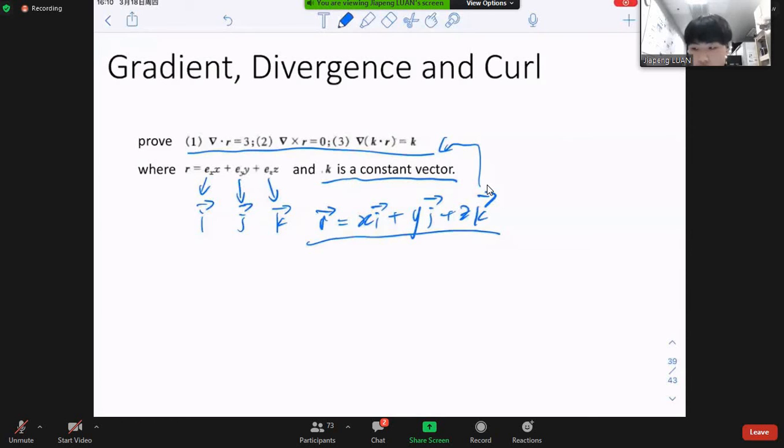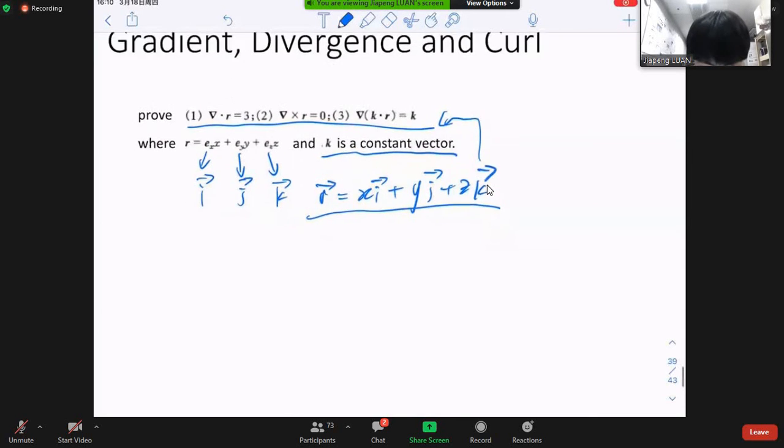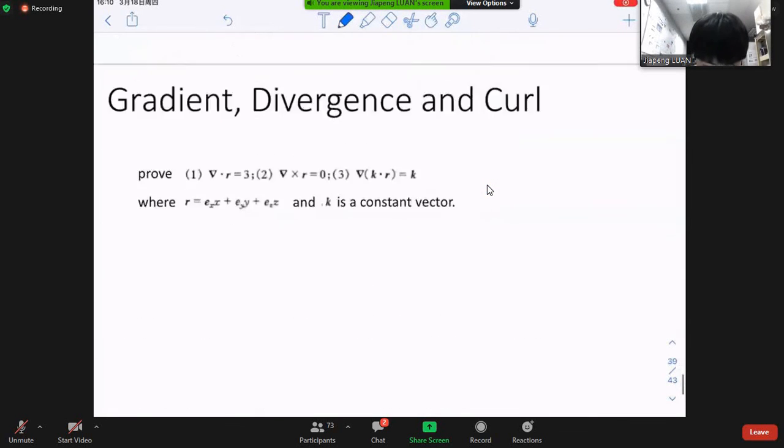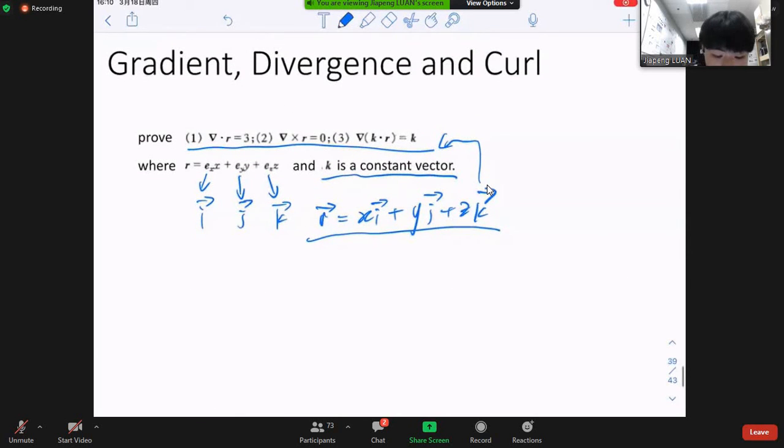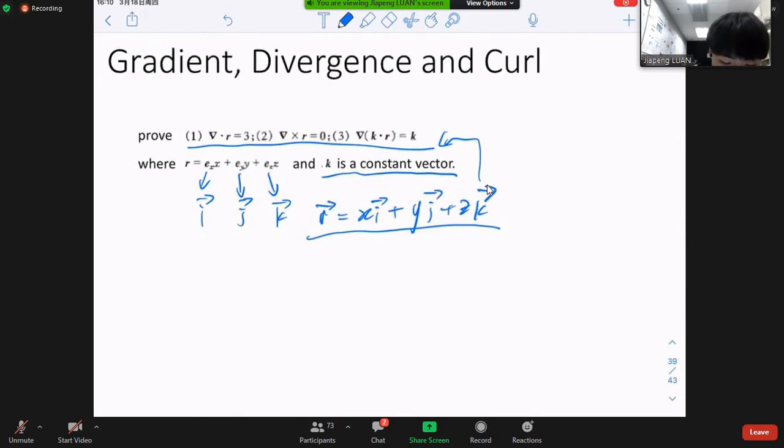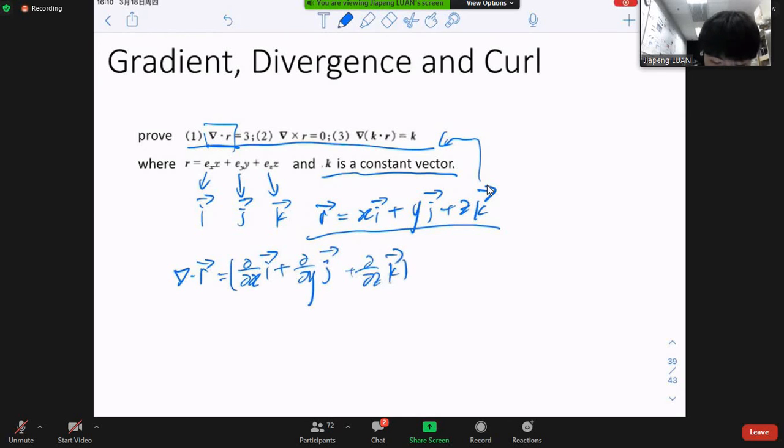Yeah, I think there's no time for you to think about it, and there's no solution, so I'll just write it down. First, you need to calculate the divergence of r. So the divergence is delta x, delta y, and you dot product this r. Okay.